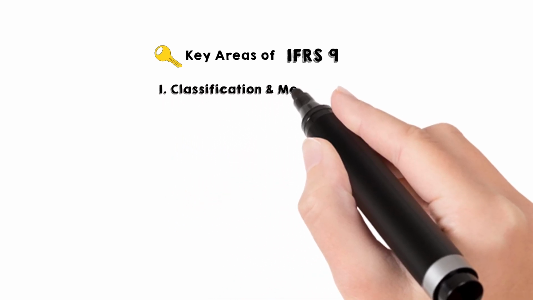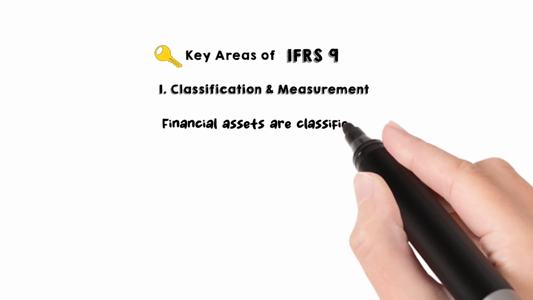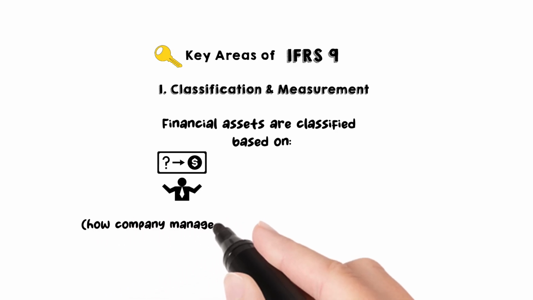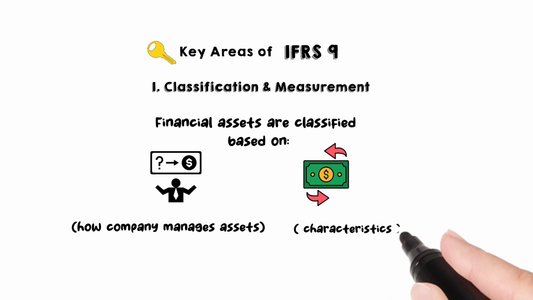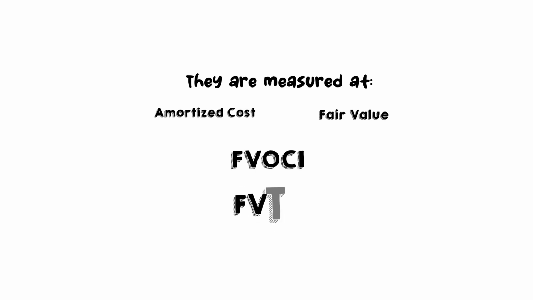Key areas of IFRS 9: 1. Classification and measurement. Financial assets are classified based on business model, how the company manages assets, and cash flow characteristics. They are measured at amortized cost, FVOCI, or FVTPL. 2.